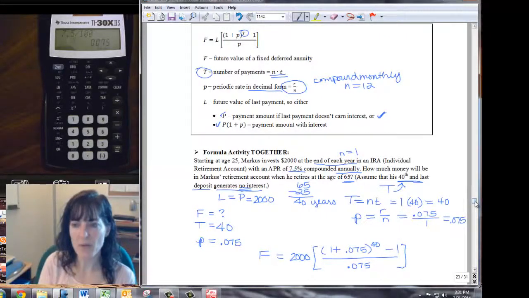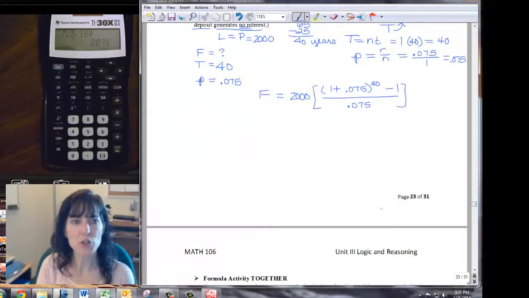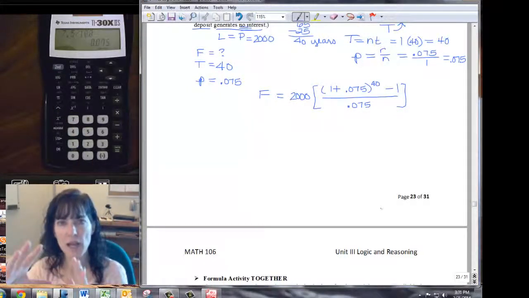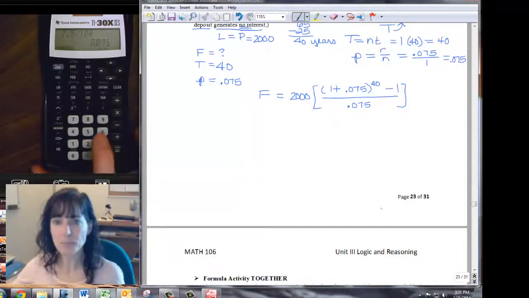And there's my whole formula. I'm going to show you the whole thing worked on the calculator, because you want to put it in the calculator and keep it there as you're working so that you don't lose any precision. So I'll show you on this problem.